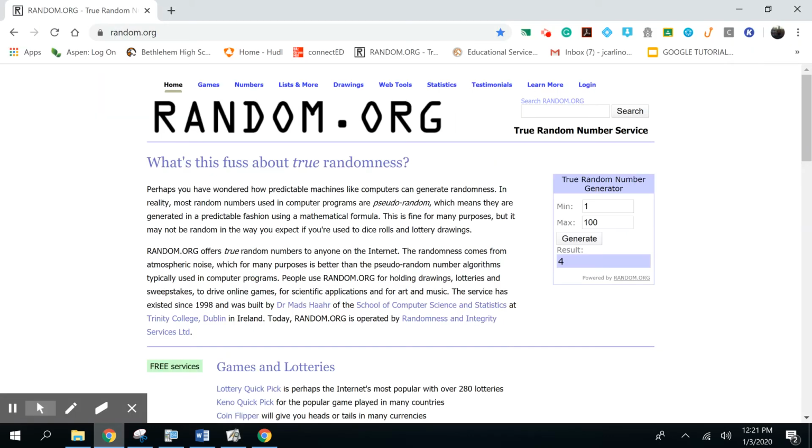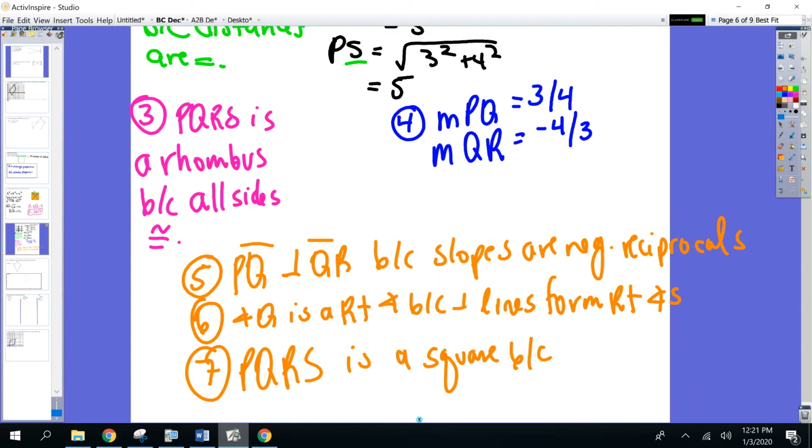Details, details. Why is it a square, Maya?